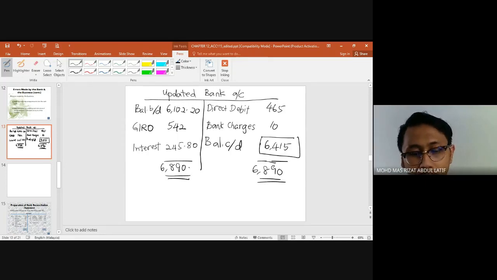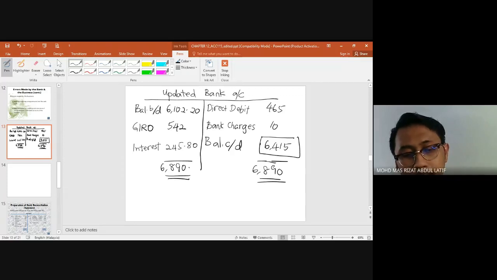The second format will be when you start with the balance as per bank statement. Okay, title masih sama tapi you bermula dengan benda yang berbeza. You mula dengan balance as per bank statement. Kemudian you kena campur dengan uncredited lodgement, you tolak dengan unpresented check, you akan dapat balance as per updated bank account. So apa yang you boleh buat, perbezaan adalah A dan B ni dia dah terbalik. Pasal tak?